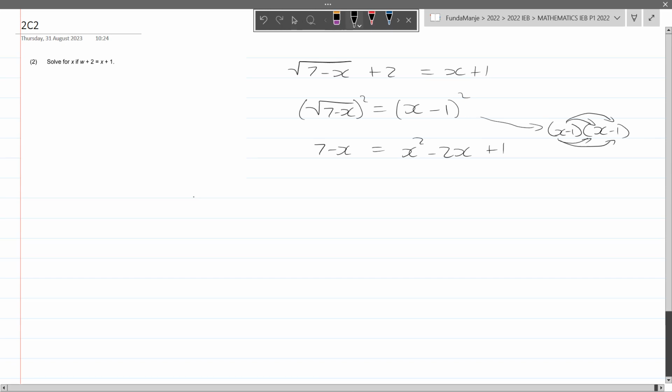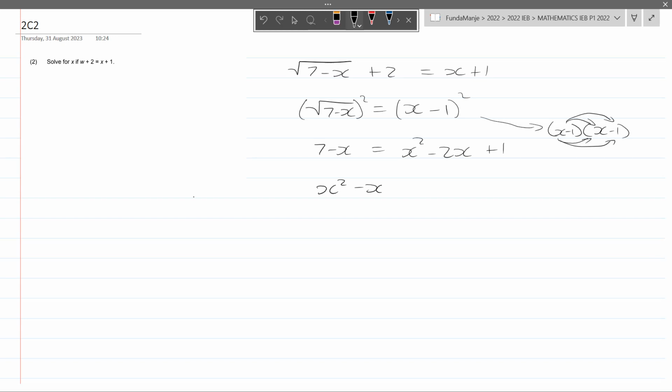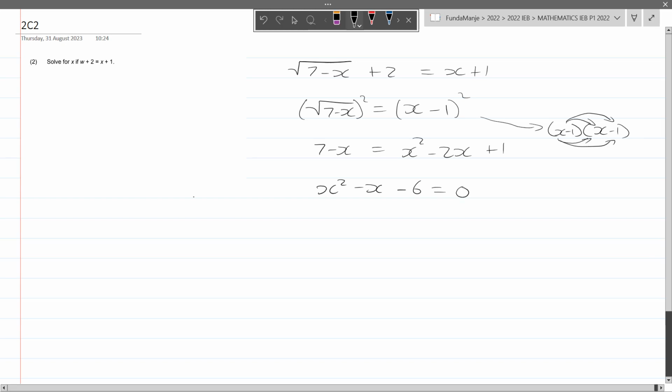And then at this point, you can collect your like terms. You will get x squared minus x minus 6 is equal to 0, because minus 2 plus 1 will be minus 1, 1 minus 7 is minus 6.